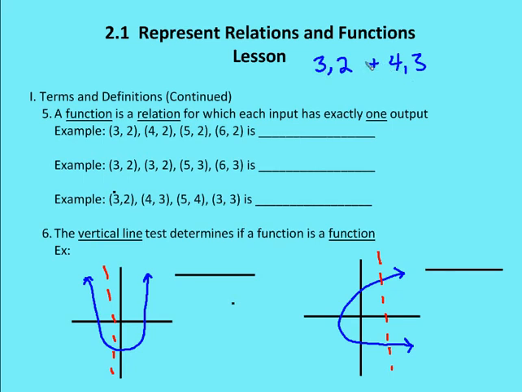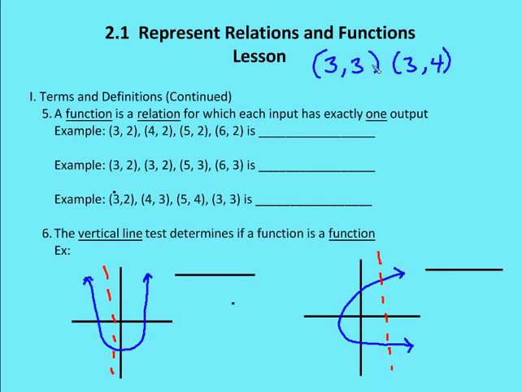Those 2 points would constitute a function because I only have one unique output for every input, 3 and 4. However, if I had something like this where I had (3, 3) and (3, 4), then I have an input, but I don't have a unique output. So every time I put in 3, I might get a 3 out, or I might get a 4 out. So this is not considered a function.